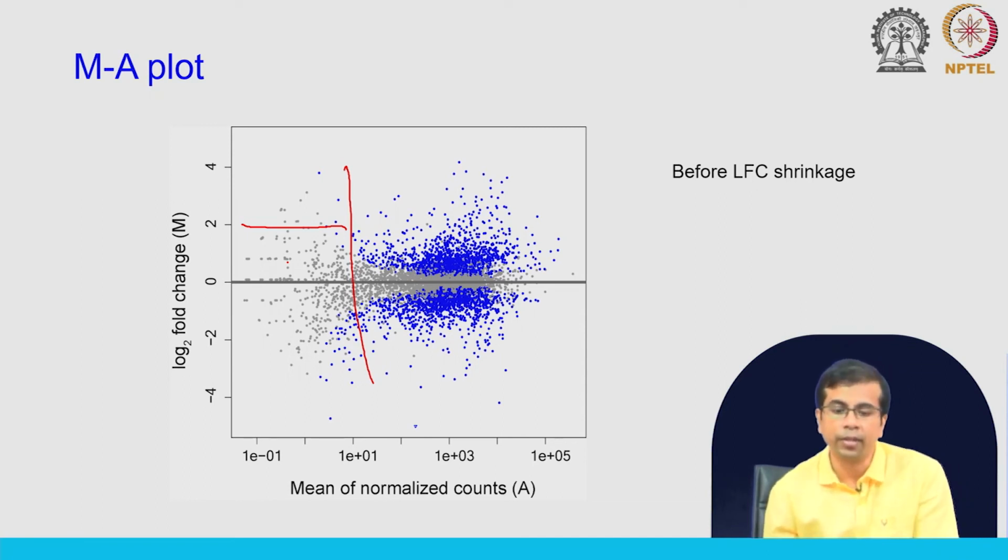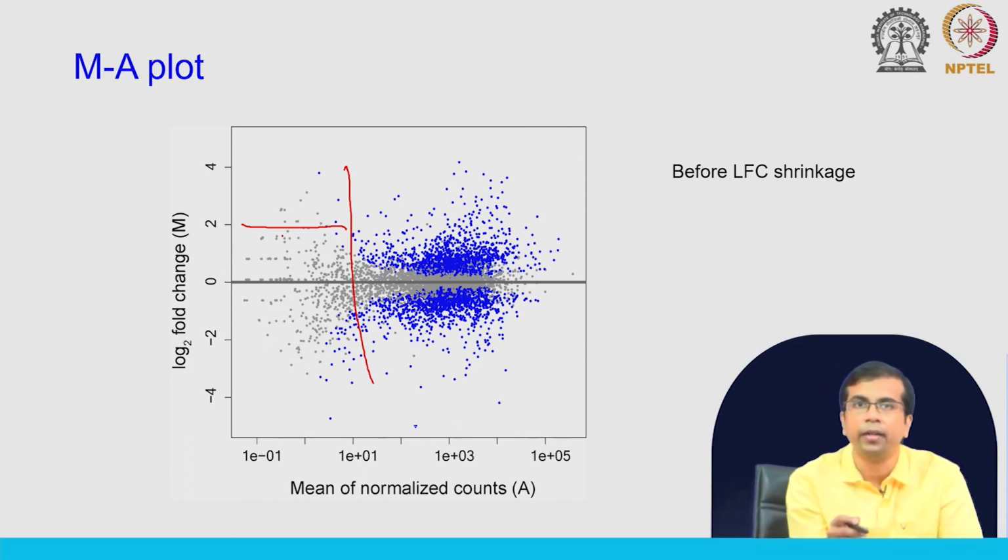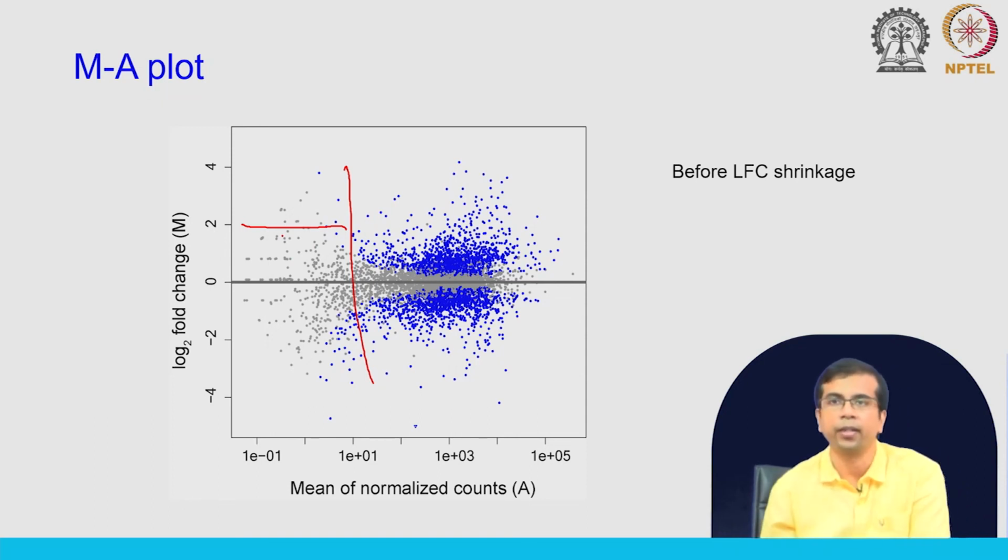So genes that have low counts or show low expression show very high variability, and that is why they are not identified as significantly different, even though the average log fold change is quite high, right. Even then they are statistically not significant. So what LFC shrinkage does is shrink these LFC values, because they are highly variable.